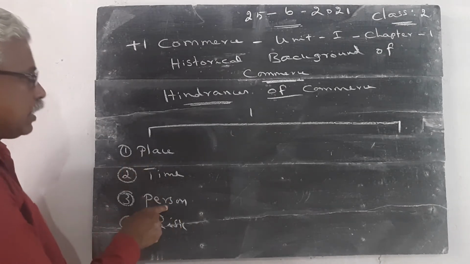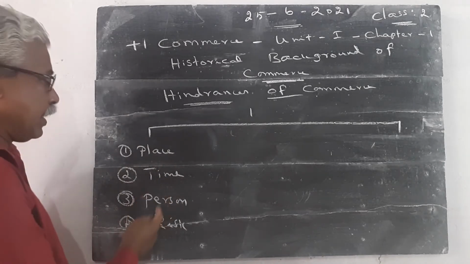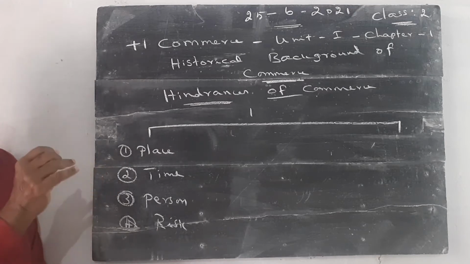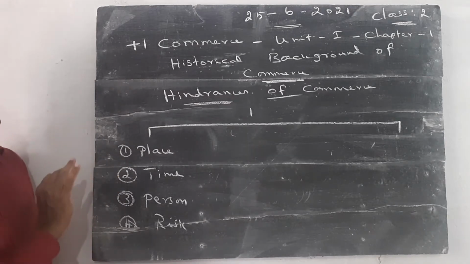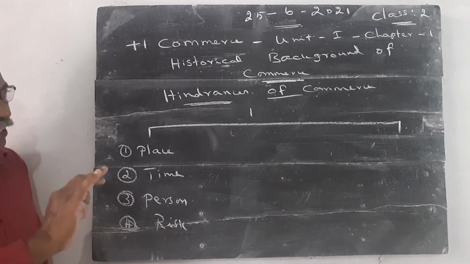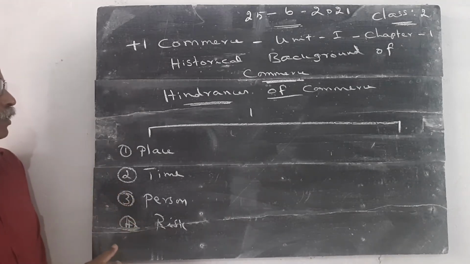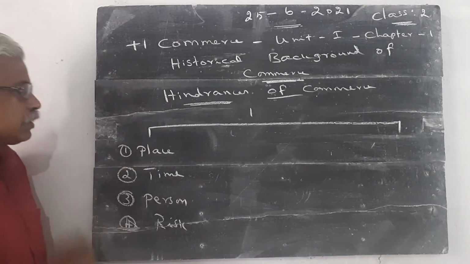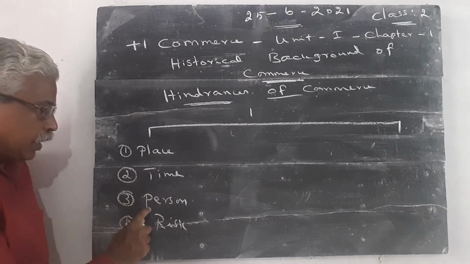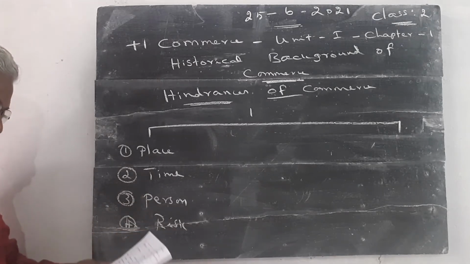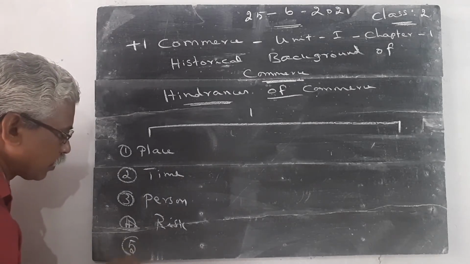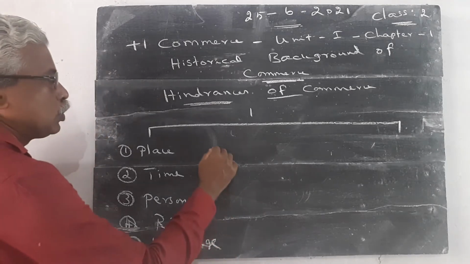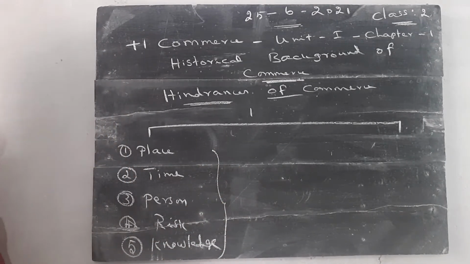Hindrance of person, hindrance of place, hindrance of time, hindrance of risk: these 4 points, remember. The hindrances of commerce are classified into 10 headings. Out of 10 headings, we have to study the first 5 one by one: hindrance of place, hindrance of time, hindrance of person, hindrance of risk, and number 5, hindrance of knowledge.